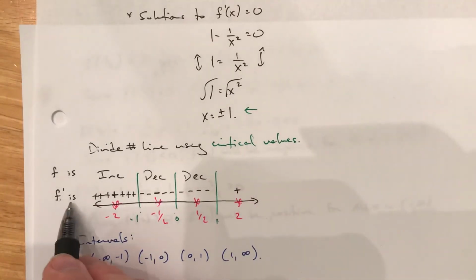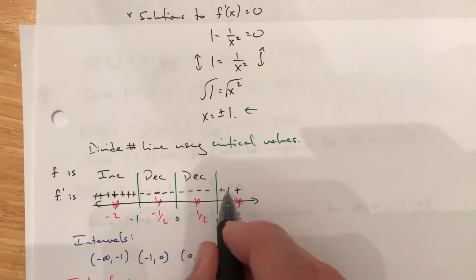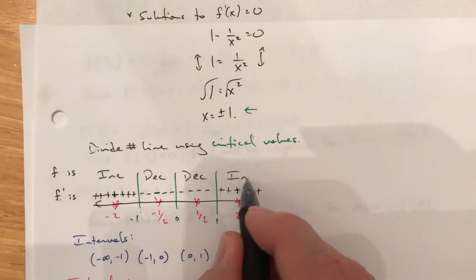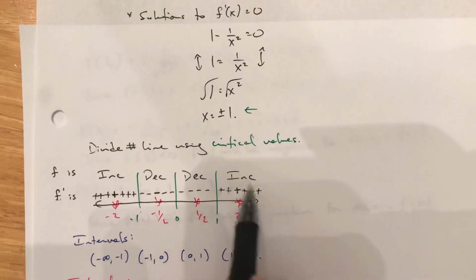Our derivative is positive for one value of x, so it's going to stay positive for all other values of x, and the function f is increasing on that part of the number line.